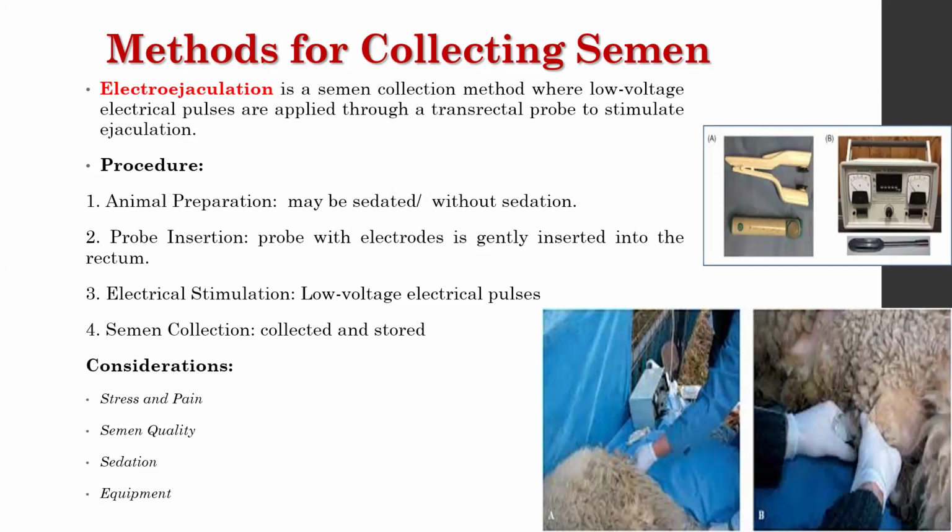Then the special probe or stimulator is inserted into the rectum of the male animal, and electrical stimulation is applied, as we can see in this figure. Very low voltage electrical pulses, around 10 to 15 volt output, should be introduced, and afterward the semen is collected and stored properly.